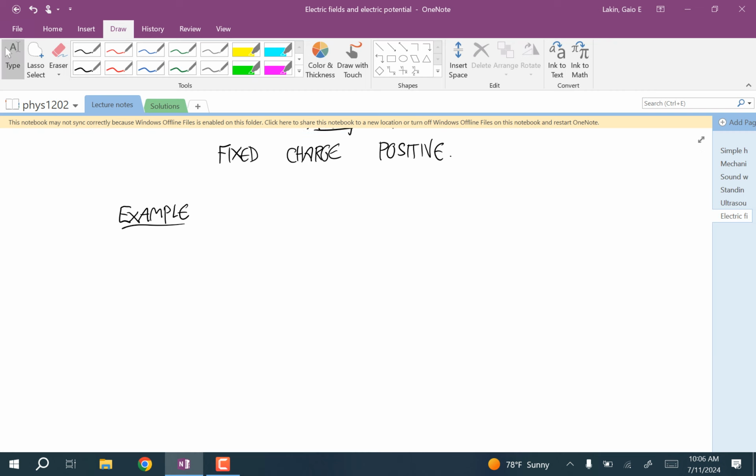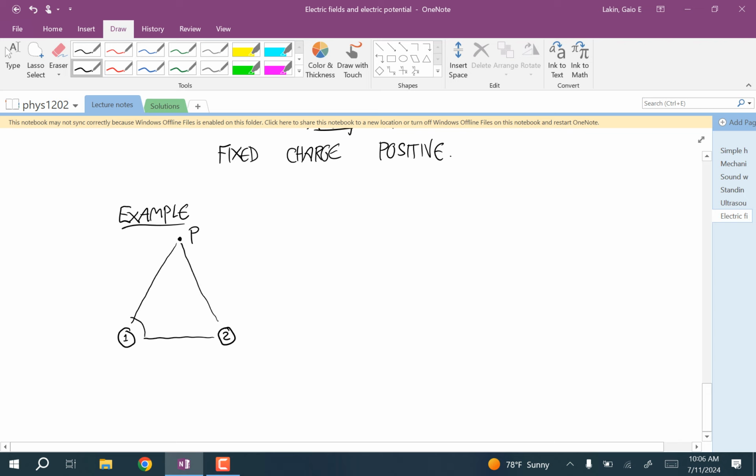Okay, so let's say that we have a setup like this. We have a fixed charge at location 1 and a fixed charge at location 2. And then we have this point in space where we're trying to do a calculation. I'm going to call this point P. And I got to give some geometry stuff.